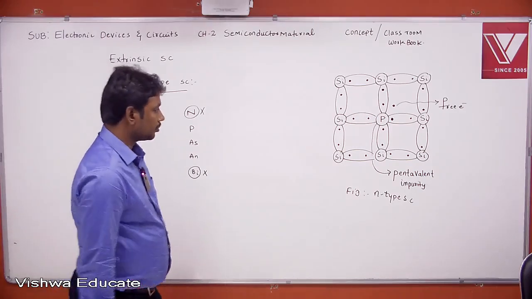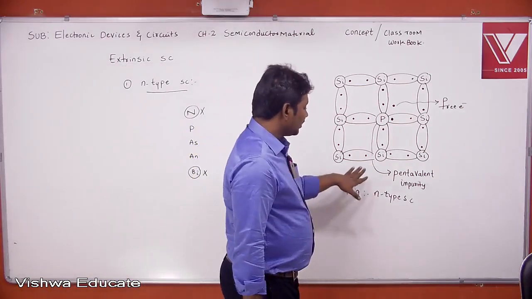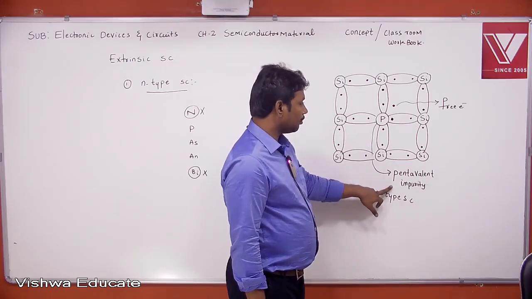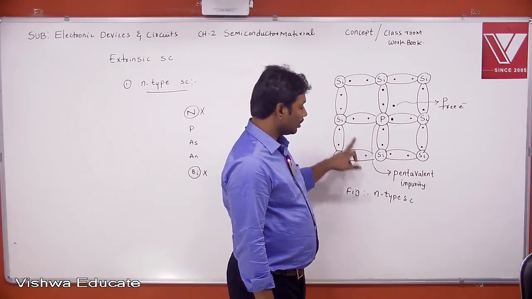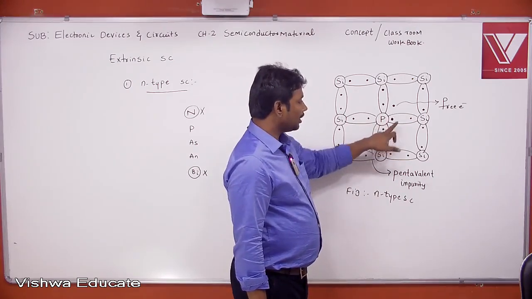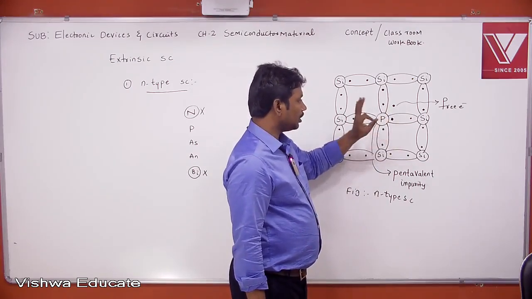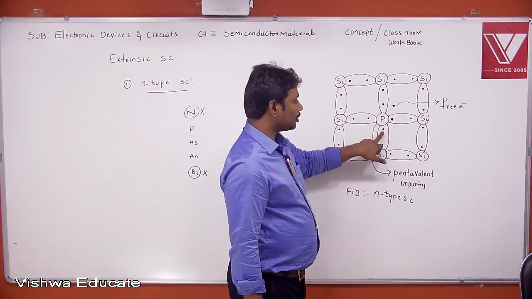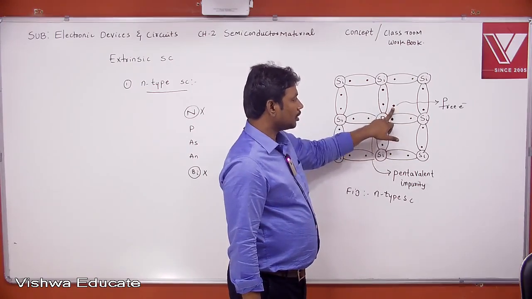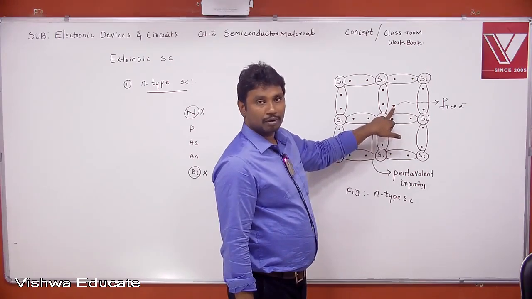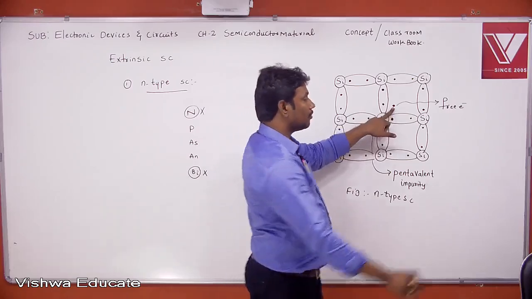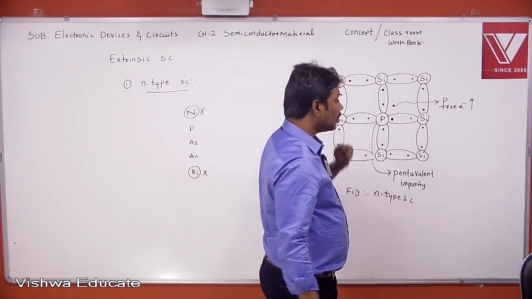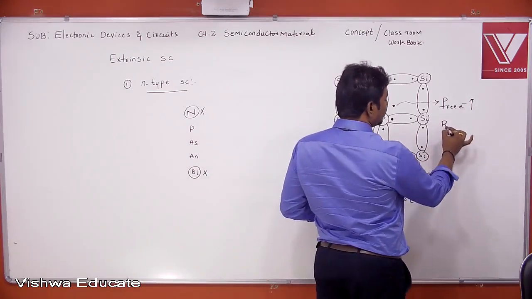Right? So now, see, this entire semiconductor is formed by adding the pentavalent impurity to the pure form of semiconductor. You know, this added pentavalent impurity can replace the semiconductor atom, due to which 4 valence electrons are involved in covalent bond formation, and the 5th valence electron does not involve in any covalent bond formation, due to which the free electron concentration increases, and also the recombination rate increases.